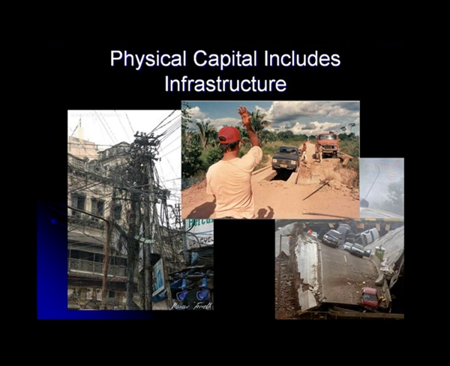So what we're asking is, how much physical capital is available to workers, both directly in the form of tools and machines, and indirectly in the form of infrastructure? The importance of infrastructure capital to productivity shouldn't be overlooked.